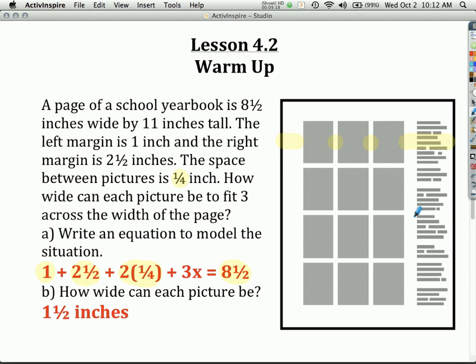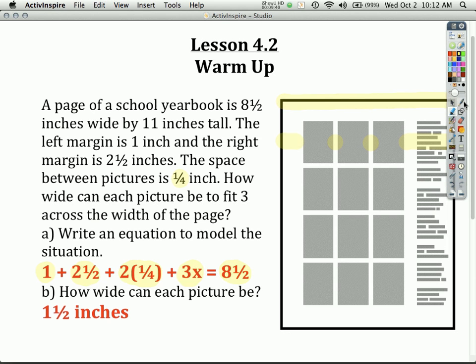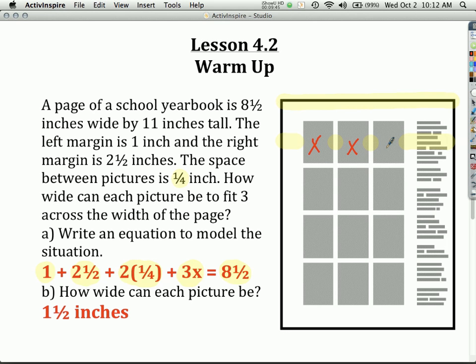So we're trying to figure out the missing piece. What does that represent, Kayla? The picture. Okay, very good. Why is there a 3 there? Exactly. That was the part you had to interpret: that's an X, and that's an X, and altogether that's 3X.